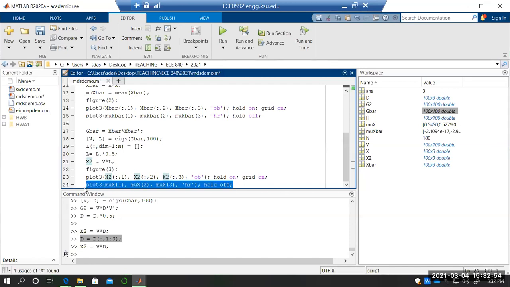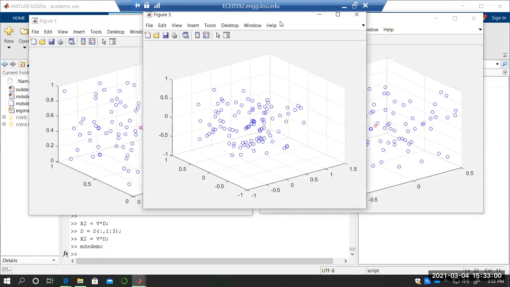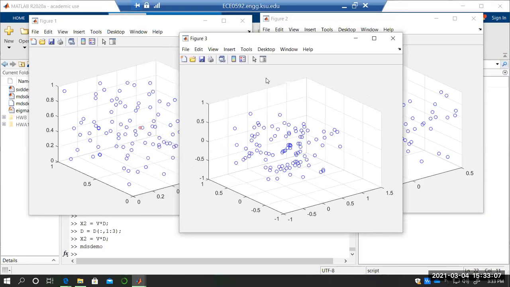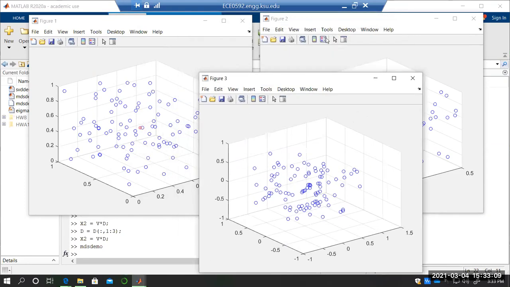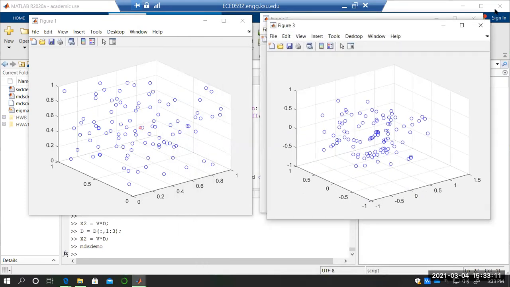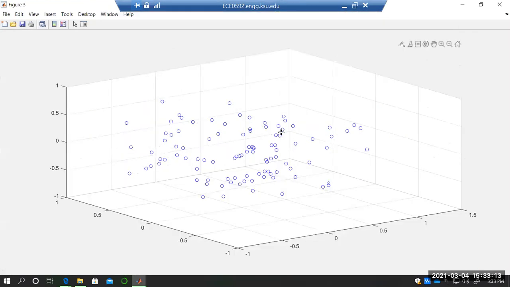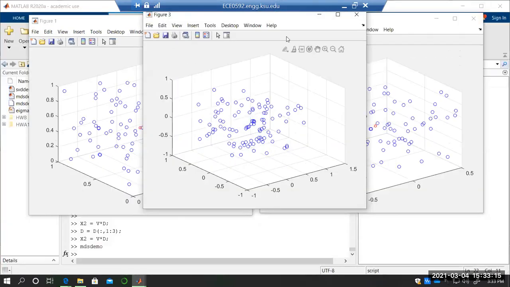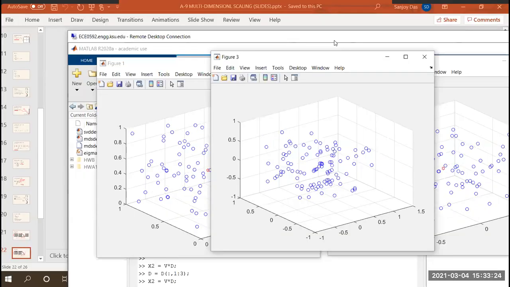Never mind the means, we didn't include the means. Okay, so now let's run this. So figure 3 is basically we retrieved the x's back once we have this. Okay, this is figure 3. Figure 3 is the same as figure 1, right? No, it's not. Oh, it's not scaled properly.